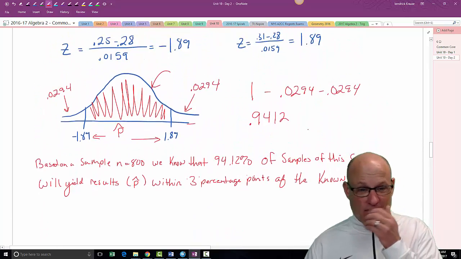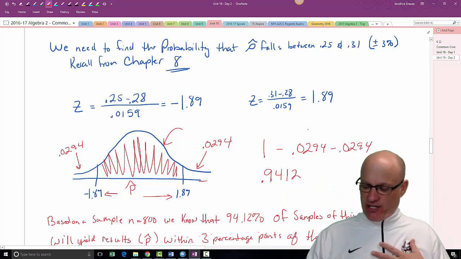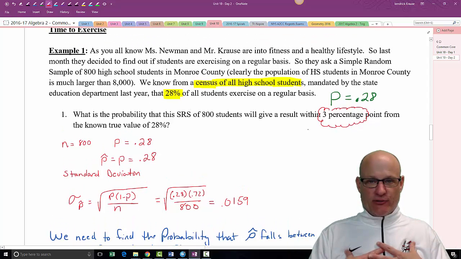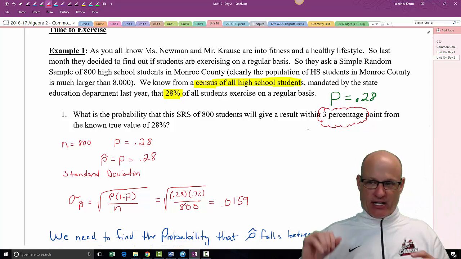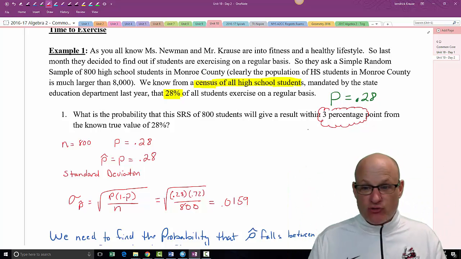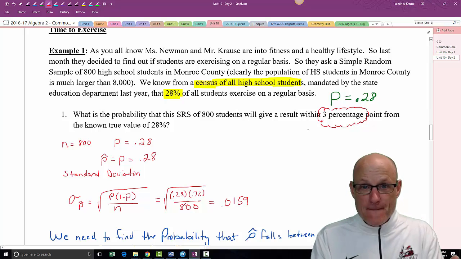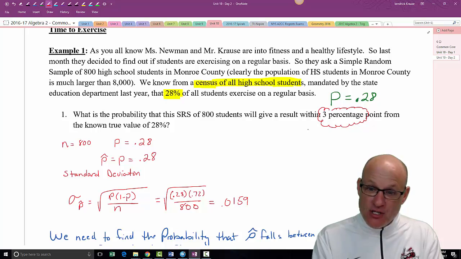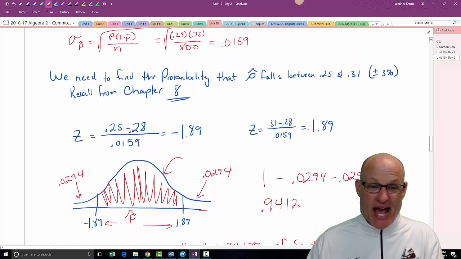Now, let me make sure you understand what happened here. So, I do a sample size of 800 students. I gather information about 800 Monroe County students. And student X does 800 students, and student Y does 800 students, and student P does this, and Mary, and Jane. If I had 20 people that did that, 94% of them would have results that fall within 3 percentage points of the actual mean.